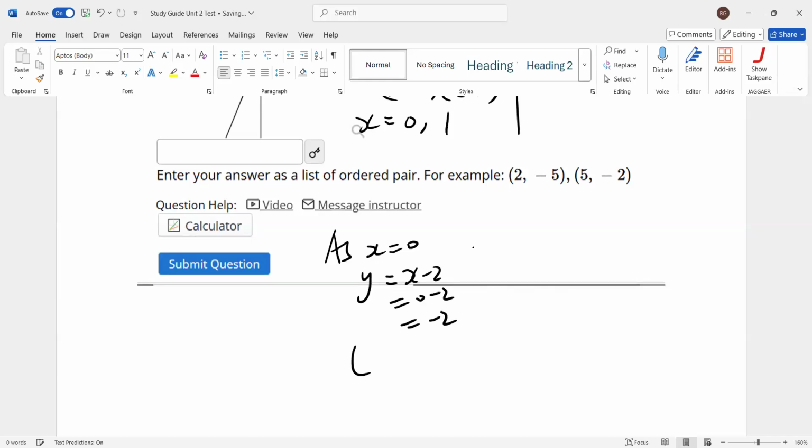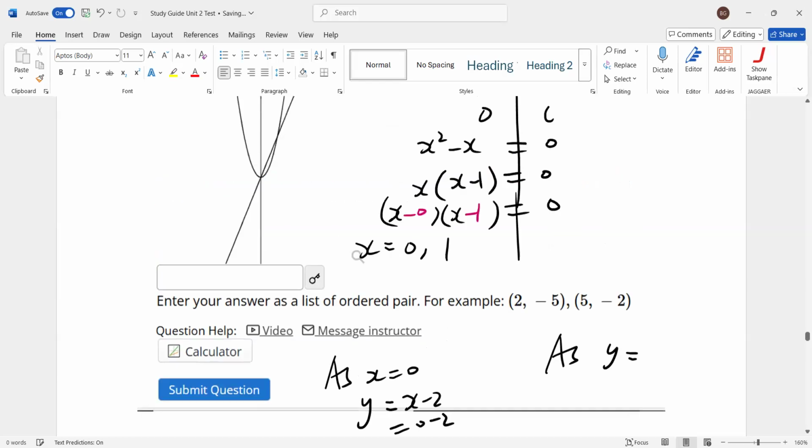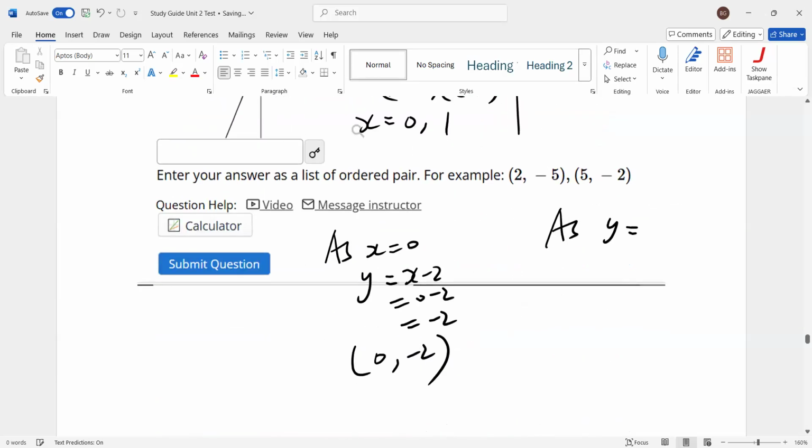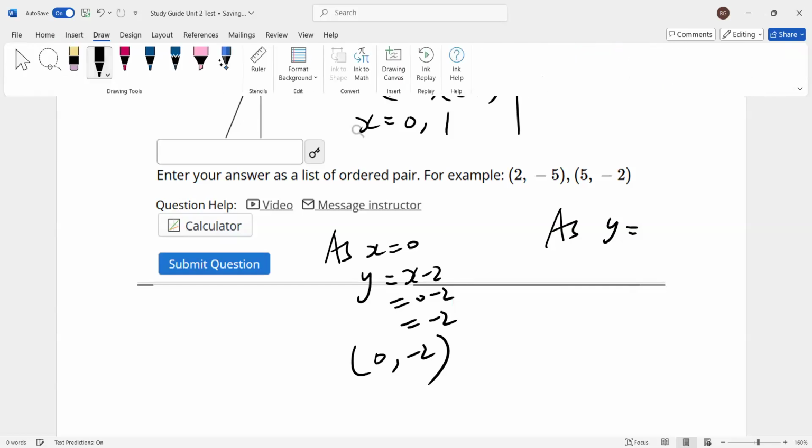So we got a pair of solutions, 0, negative 2. And when x equals 1, y equals x minus 2, x is 1, 1 minus 2 is negative 1, so 1 comma negative 1.